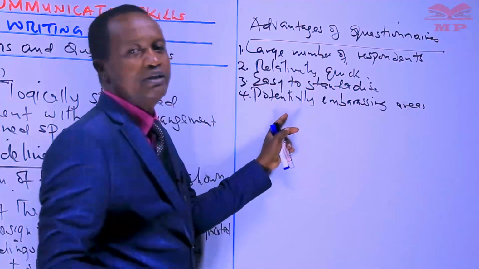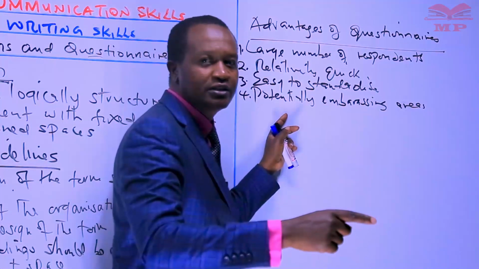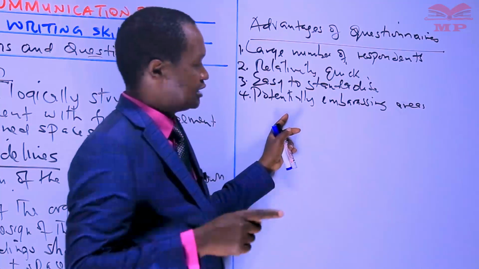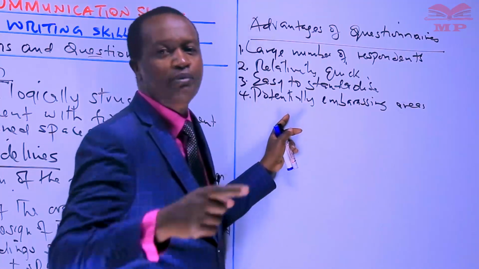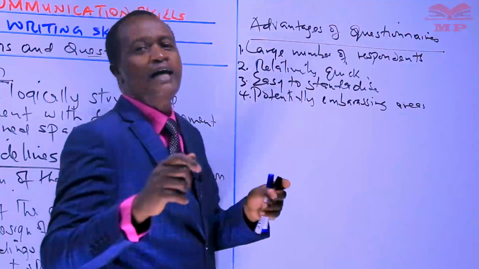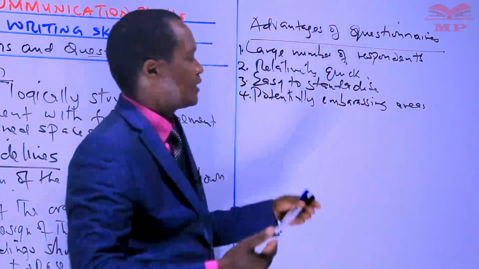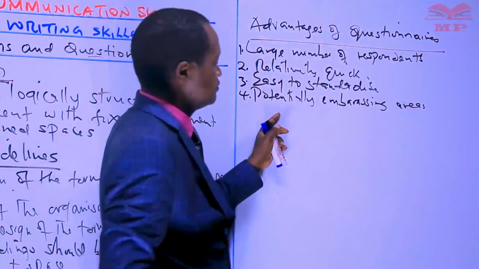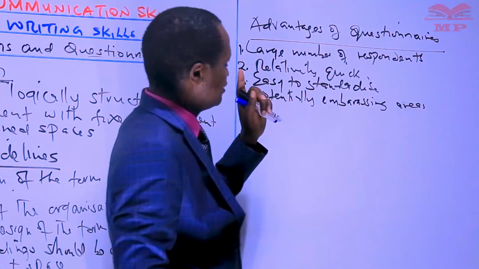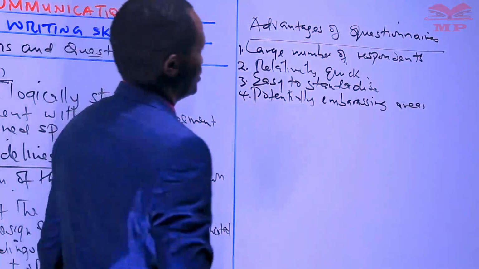The questionnaire can be anonymous, and it can be completed in privacy. That increases the chances of people answering honestly, because they are not intimidated by the presence of the researcher. So these are four advantages of using questionnaires to gather information.